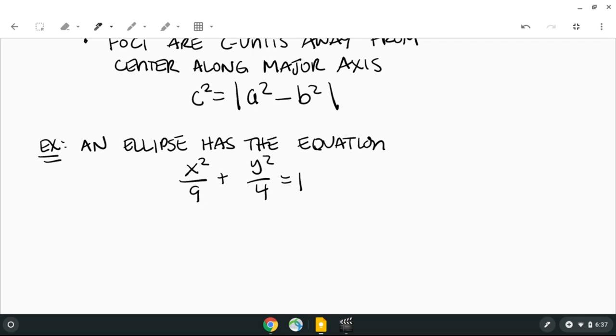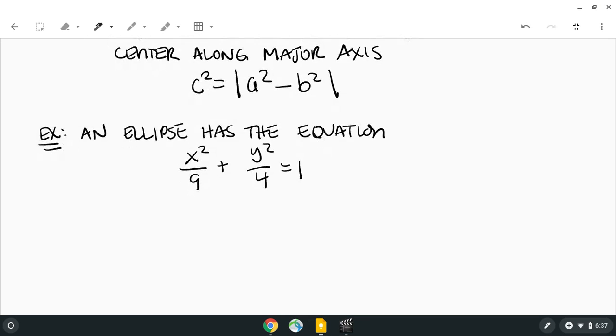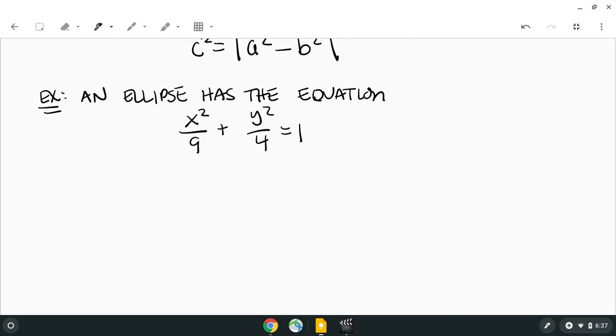Just by looking at this, we see that x squared has a bigger denominator, so we know that it is going to be elongated horizontally. Find the foci, which will be along the x-axis.